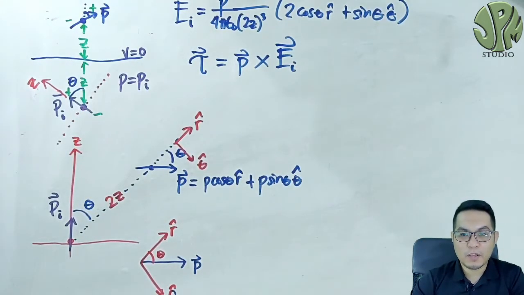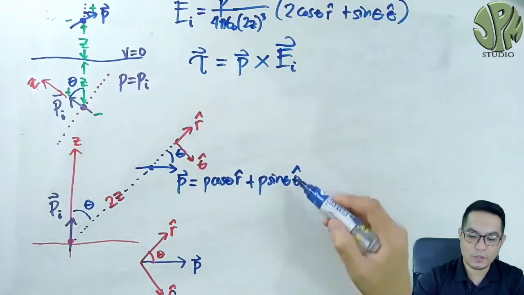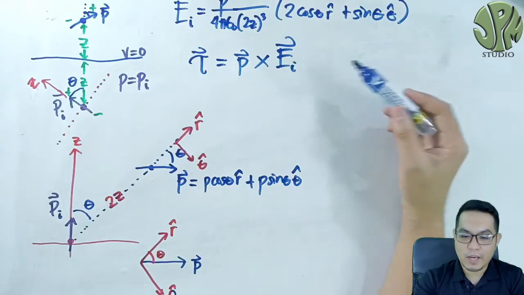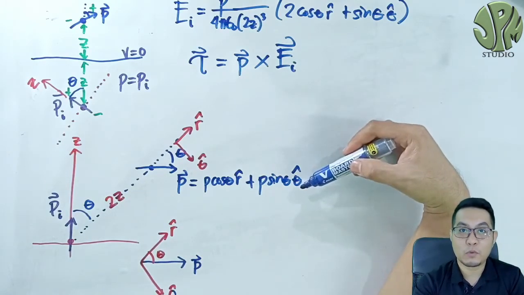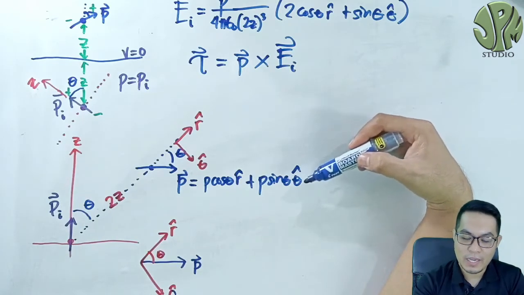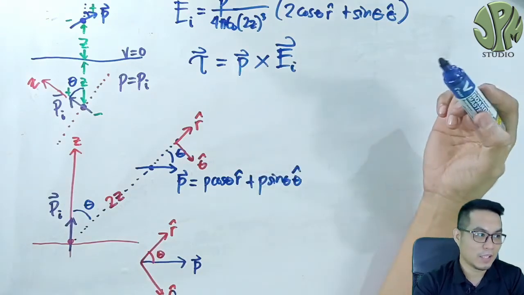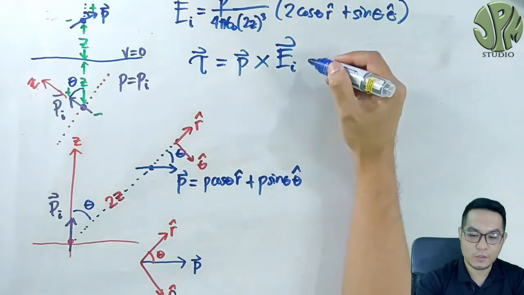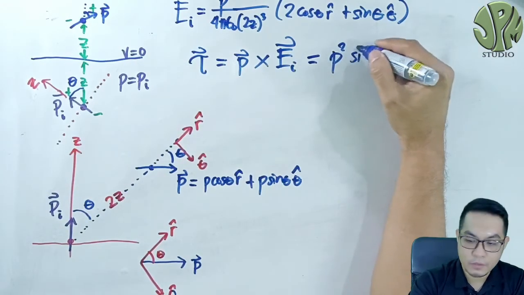By the rules of cross product, the cross product of a unit vector with itself is 0. So r hat cross r hat is 0, theta hat cross theta hat is 0. The terms that will survive in the cross product will be r hat cross theta hat, which will give you phi hat, and the reverse, theta hat cross r hat, will give you negative phi hat. So you cross these two, I will leave the cross product to you, and you will get this answer, p squared sine theta.